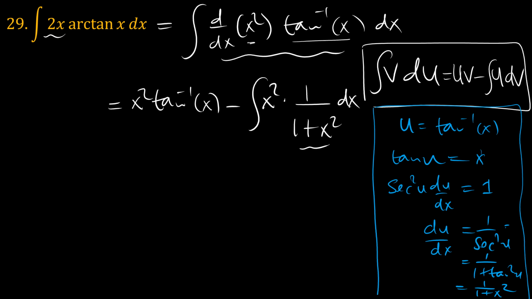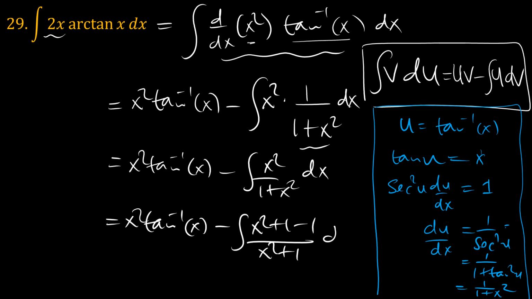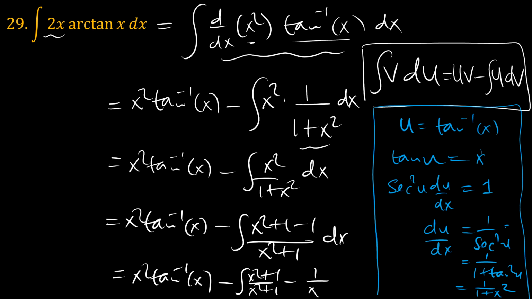So this becomes now x squared arctangent of x minus the integral of x squared over 1 plus x squared dx, meaning that this is the same as x squared plus 1 minus 1 over x squared plus 1. So we'd see that we can say x squared plus 1 over x squared plus 1 minus 1 over x squared plus 1. Right?